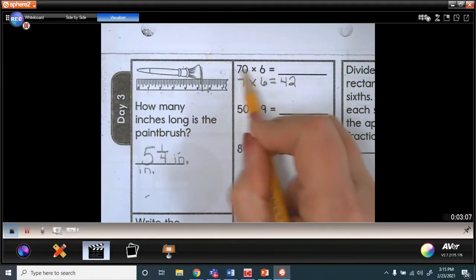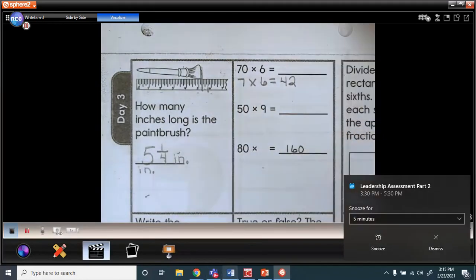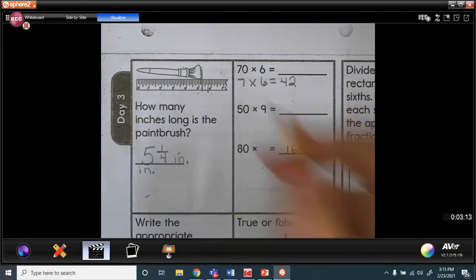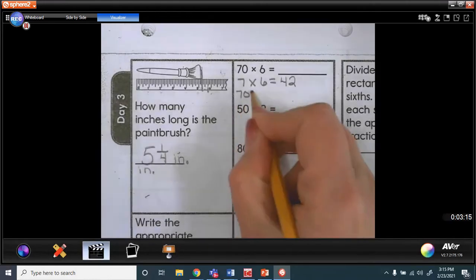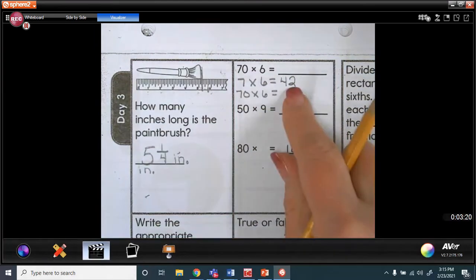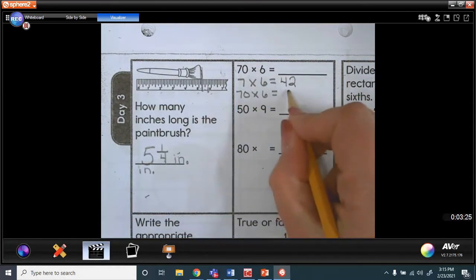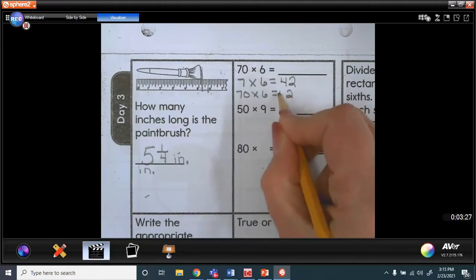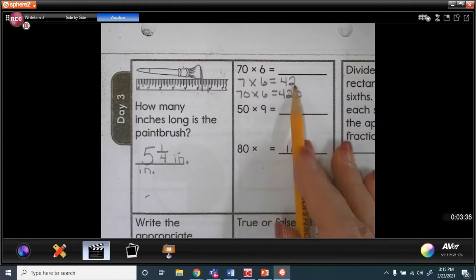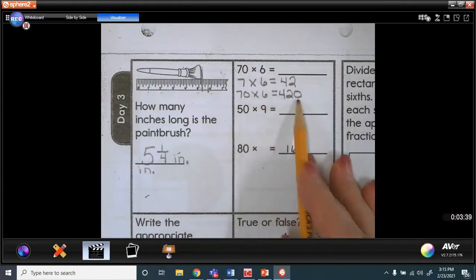If we know that 7 times 6 is 42, then 70 times 6, it's like multiplying by 10. So each one of these place values is going to go to the left by 10 times more. So 7 times 6 is 42. 70 times 6 would be 420.